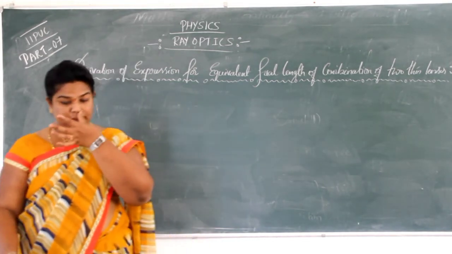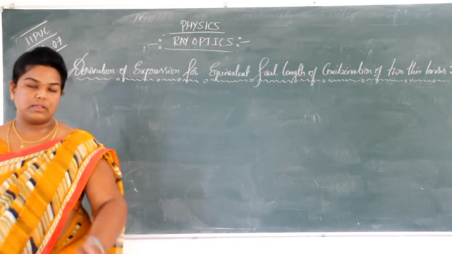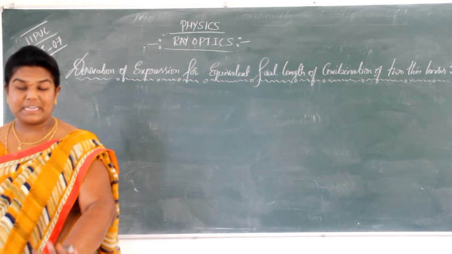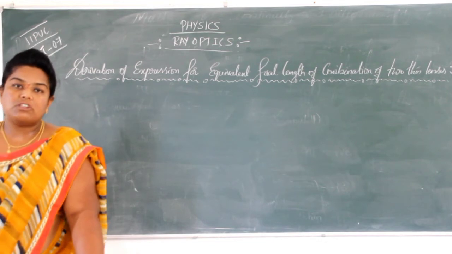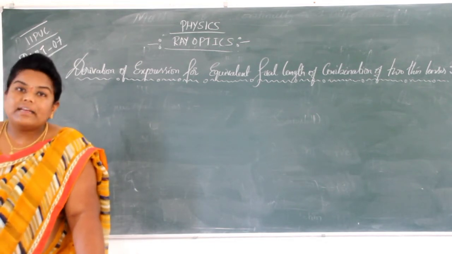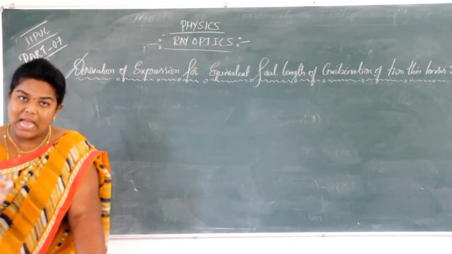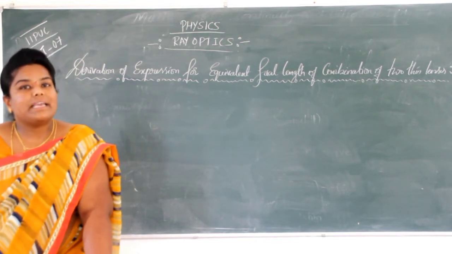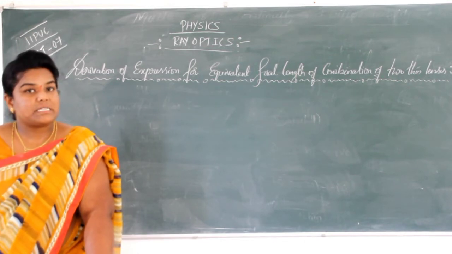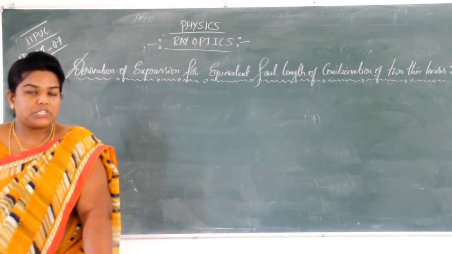You know that a convex lens always forms real and inverted images. Only in one case, when the object is placed between the optic center and the principal focus, we get an erect and virtual image on the same side of the object.